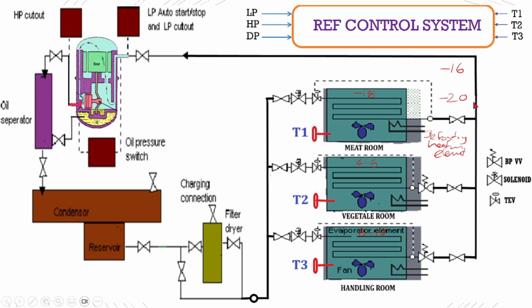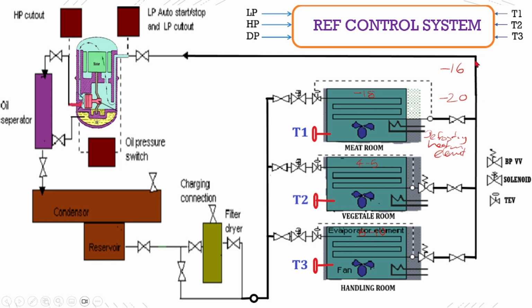Simultaneously the temperature will start to reach its cutout point. So as the temperature T1 switch signals the control system, it will shut down the solenoid. Once the solenoid shuts down, there won't be any gas flow through the expansion valve.